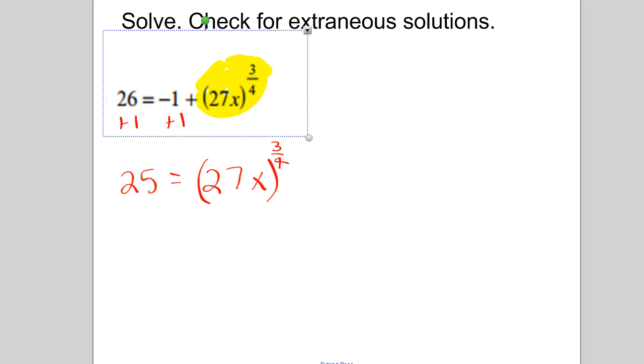Well, how do I go ahead and take care of this? How do I solve this now? Remember, we took the reciprocal of 3/4. And that reciprocal is 4/3, and I raise this side to the 4/3, and I raise this side to the 4/3 power.